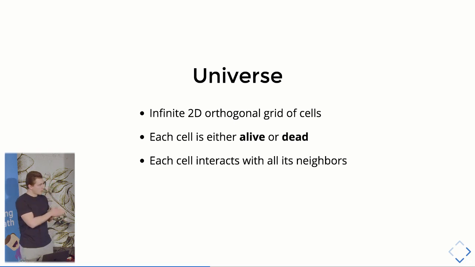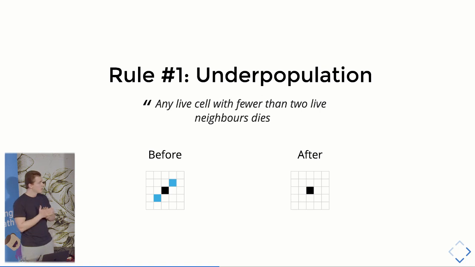There are 4 rules defined in this game, and the first one is stated like that. Underpopulation: any live cell with fewer than 2 live neighbors dies. So in the example here you can see that we have three live cells, and the ones that are highlighted in blue are the ones that will change according to this rule.